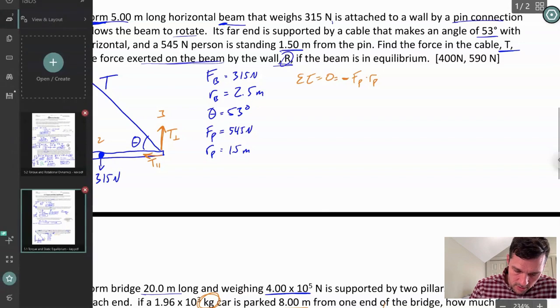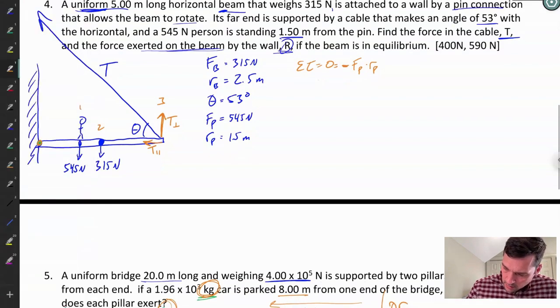We've got the force of the beam itself, which is also going to be a clockwise torque, force of the beam times R beam, plus the force of tension perpendicular times its R.